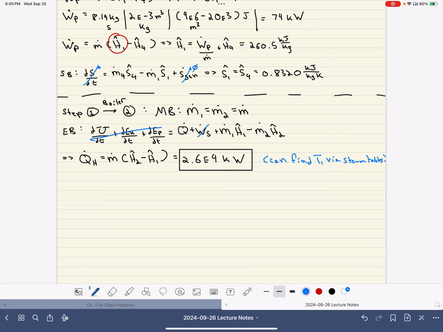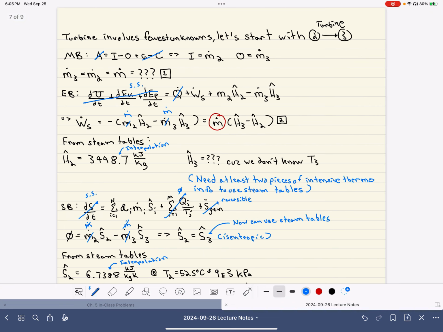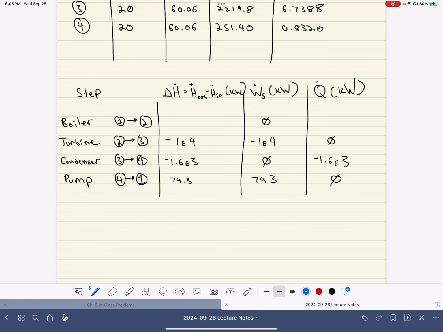Okay, so let's collect our information. So what we have is the change in enthalpy for the boiler step is 2.6 e to the fourth, 2.6 e to the fourth for the heat.